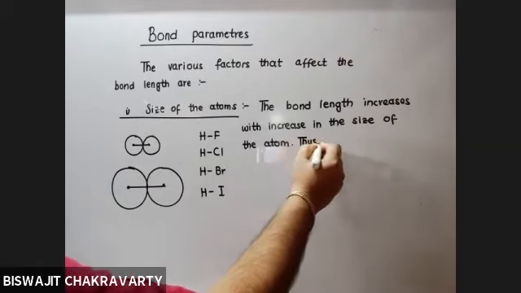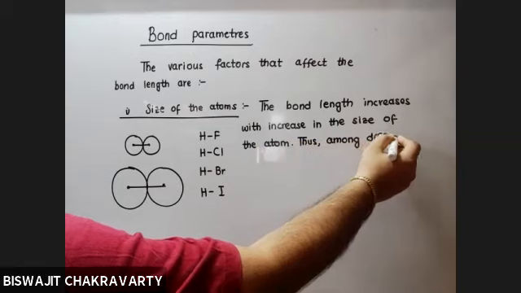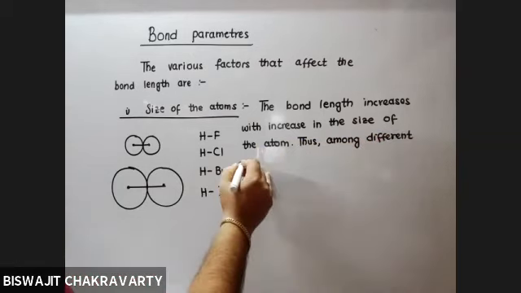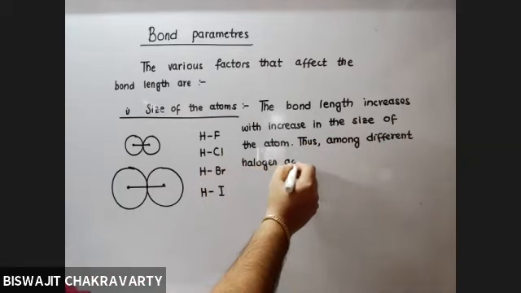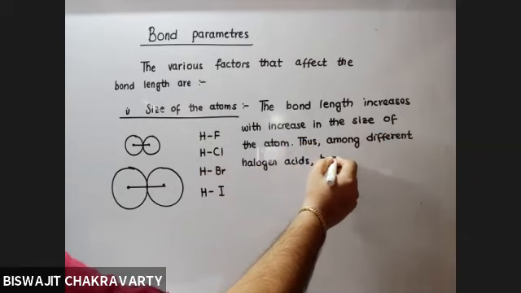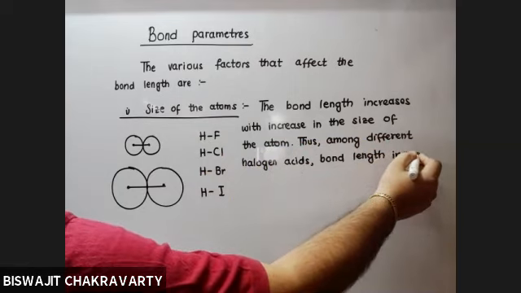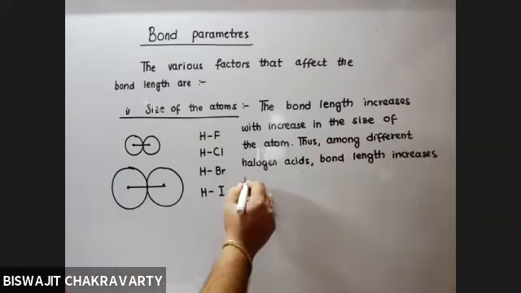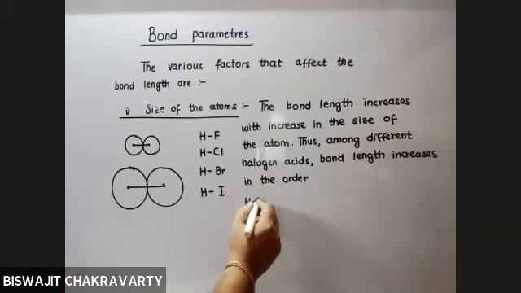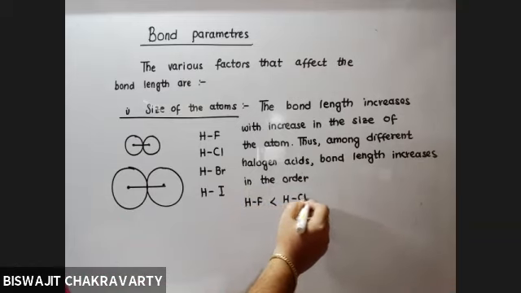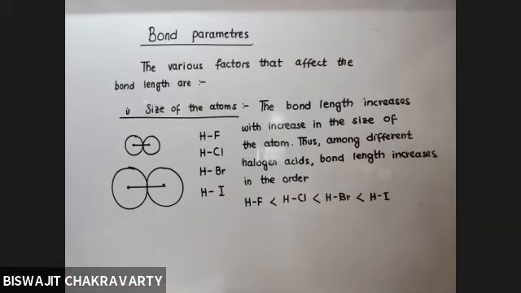Thus, among different halogen acids, all these are called halogen acids, bond length increases in the order H-F is smallest, followed by H-Cl, followed by H-Br, followed by H-I.